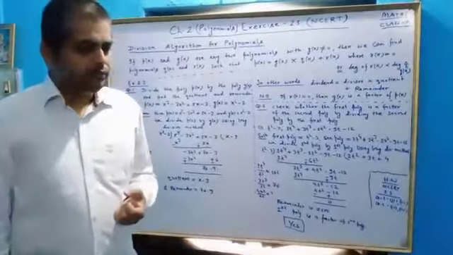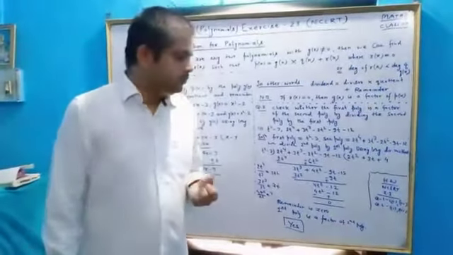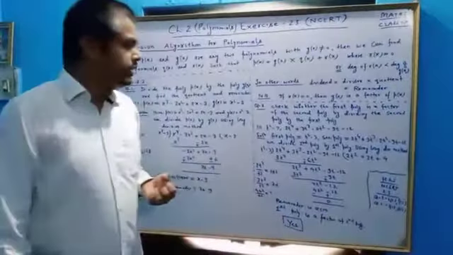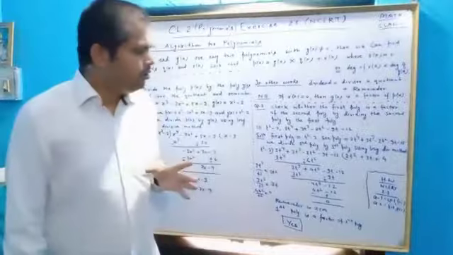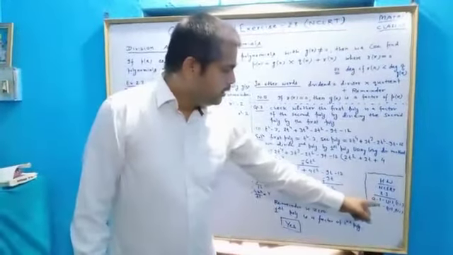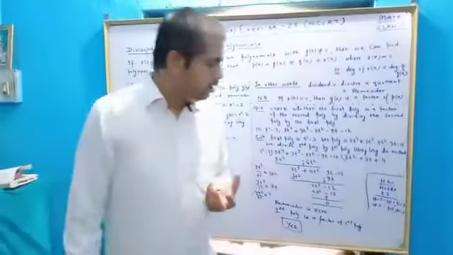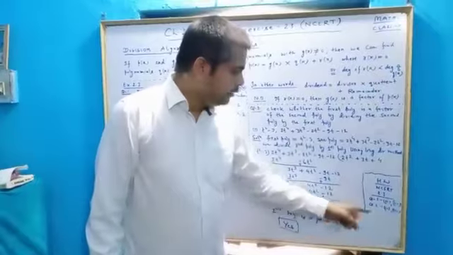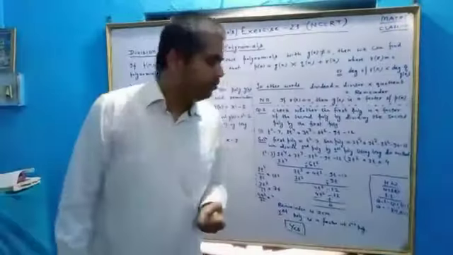So students, now you can solve the remaining questions of question number 1 and 2 in your homework. That means in question number 1, second and third are for your homework, and in question number 2, second and third are for your homework.